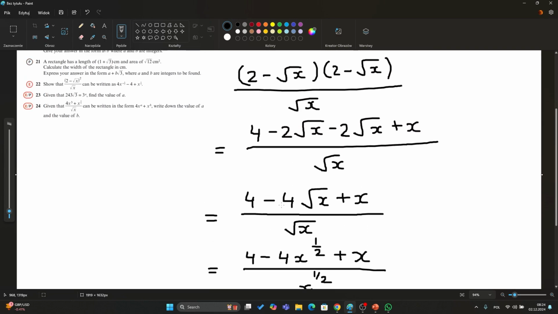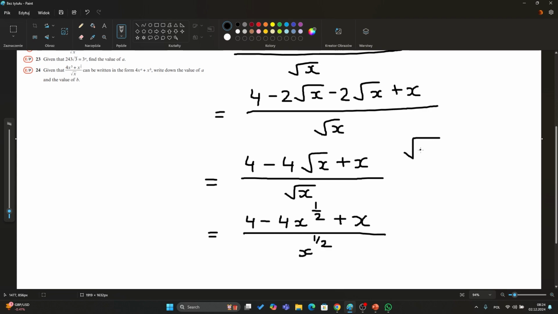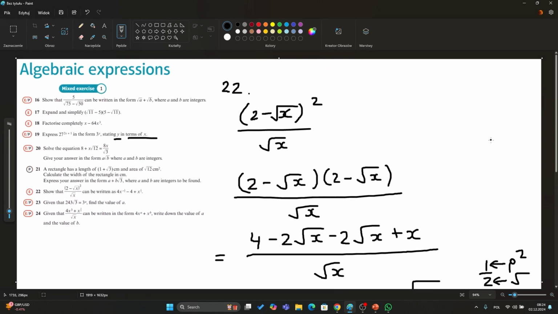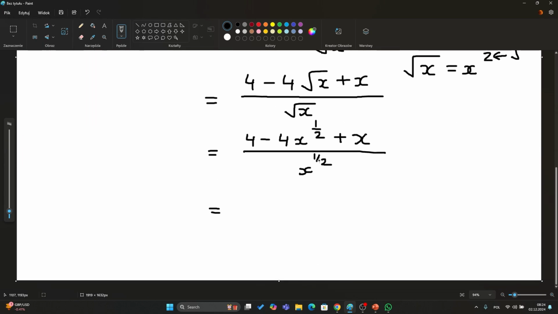And if you don't know how to do these rules, then basically we used square root of x equals x to the power of a half, because this is the root and this is the power. So now we divide each term by x to the power of a half. So 4 over x to the power of a half minus 4x to the power of a half over x to the power of a half plus x over x to the power of a half.